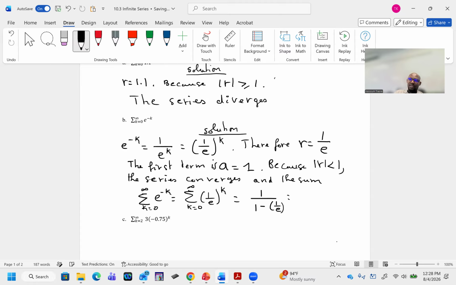If you multiply everything by e, the answer is e divided by e minus 1, which is approximately 1.582, right? And that's it.